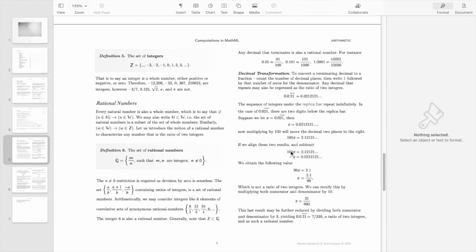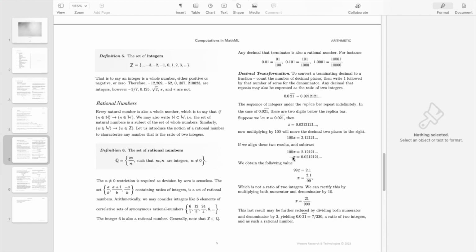If we align these two results and subtract, meaning this one goes under this one, we obtain the following value.